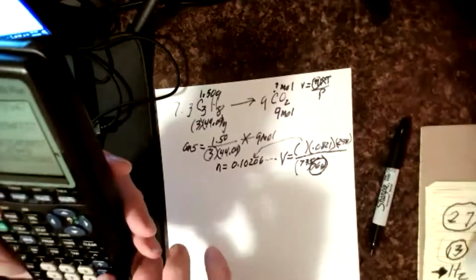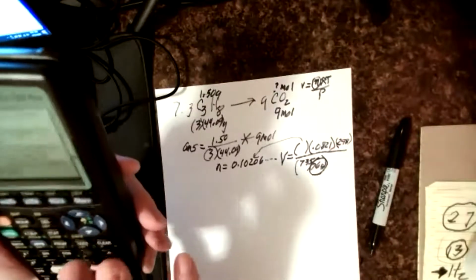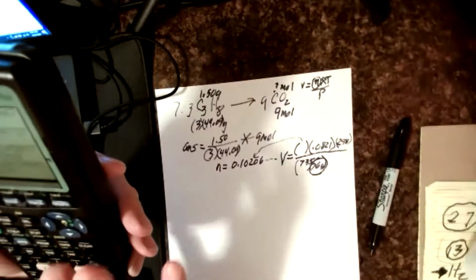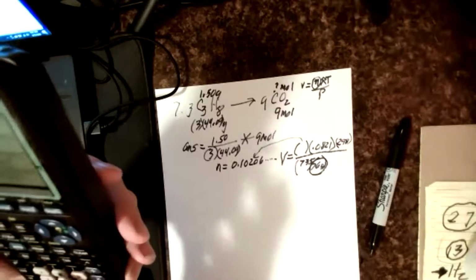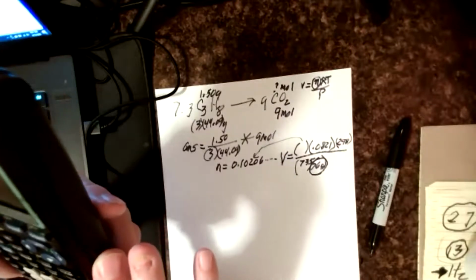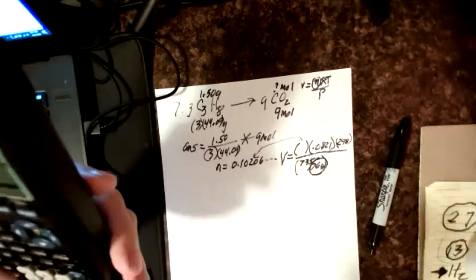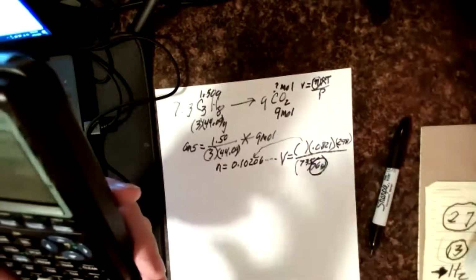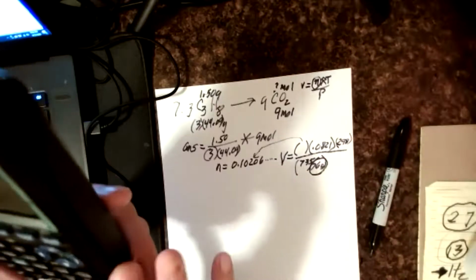I'm going to multiply that times 0.0821 times my temperature, 298.15. Don't forget to convert from Celsius to kelvins. And then I want to multiply that by the 760 that I'm going to move upstairs and divide it by 735.